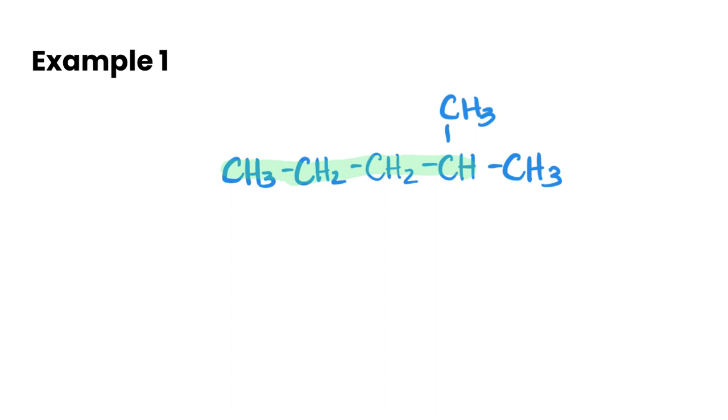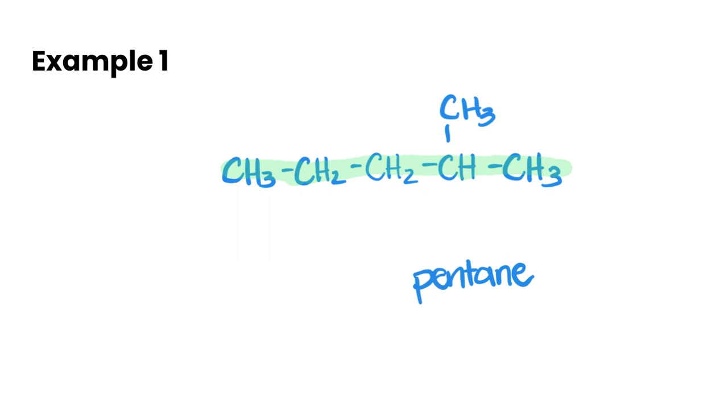You could either go up or down. It doesn't really matter. You're going to end up with the same, so I'll just go straight across. Okay, so that is 1, 2, 3, 4, 5 carbons long. So we're going to use our prefix of 5, which is pent, and we're adding the ending -ane to it, indicating it's an alkane.